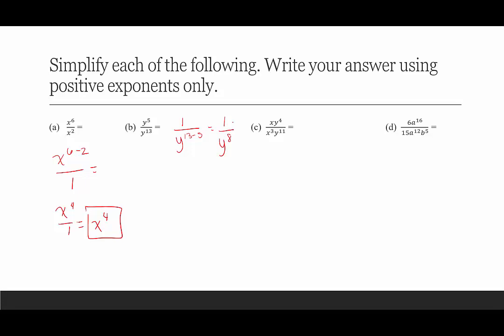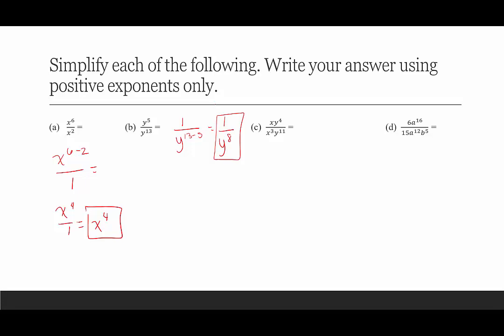So if you keep the base where the exponent is bigger, then you're guaranteeing that the exponent will stay positive. If you choose to use the subtraction where you just do 5 minus 13, then you get y to the negative 8. That's fine, but it does say write your answers using positive exponents only, so you're creating one extra step for yourself.